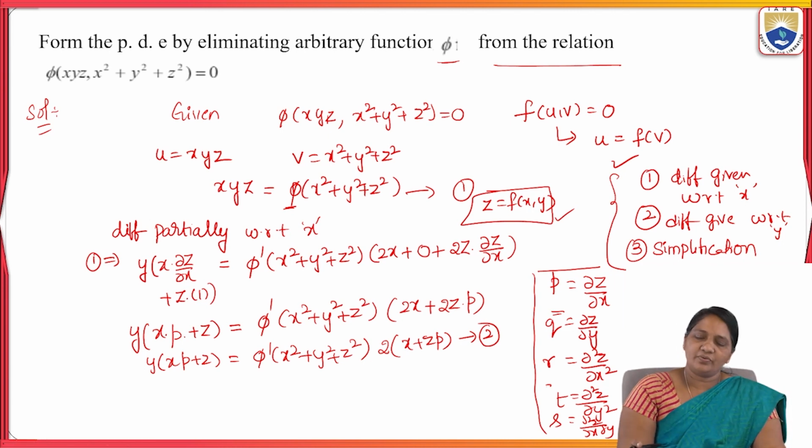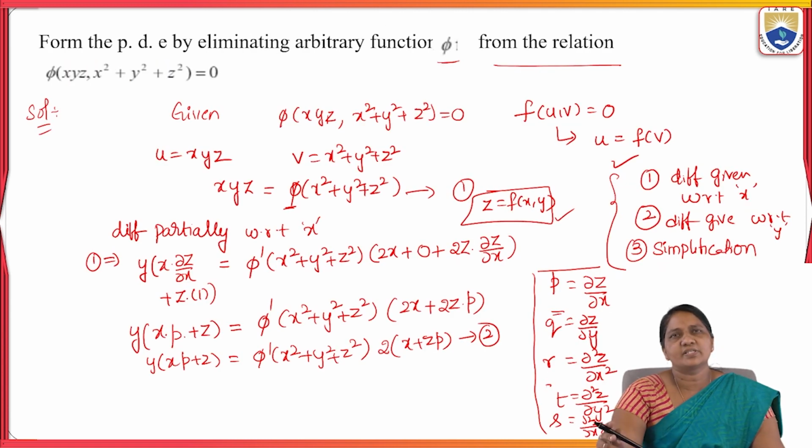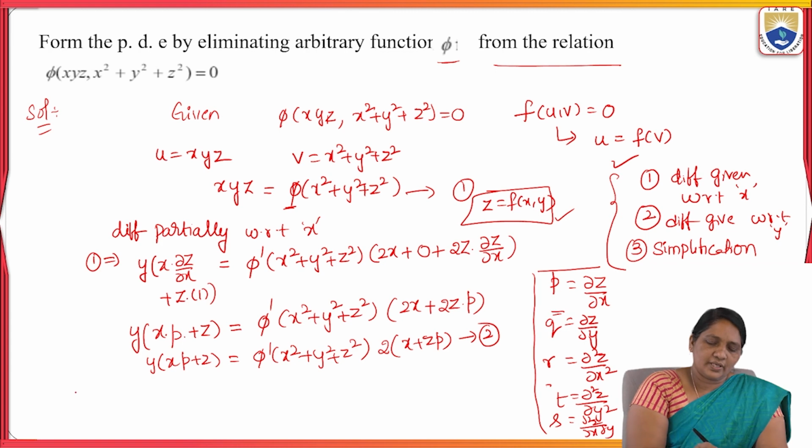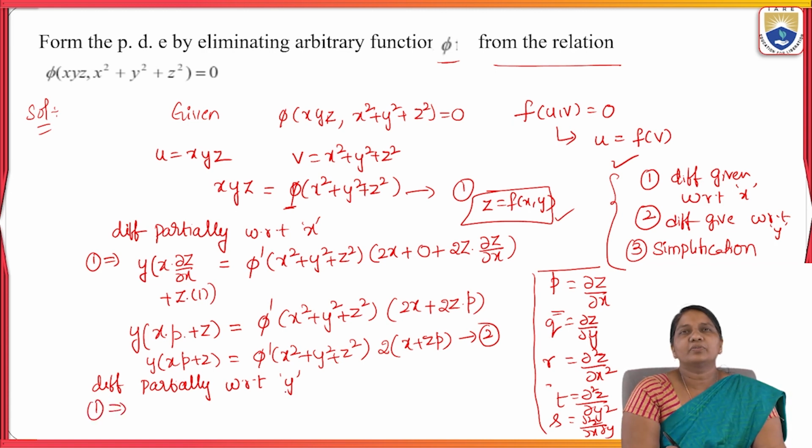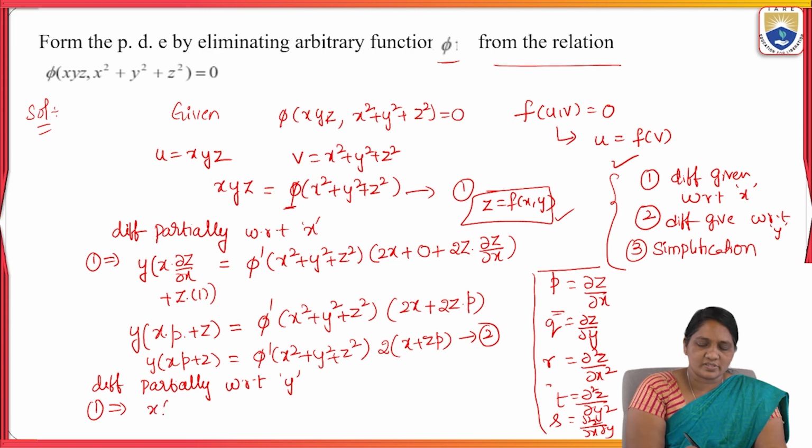So next step, what do we have to do? We have to do the partial differentiation with respect to y. So differentiate partially with respect to y. Here x is the constant.